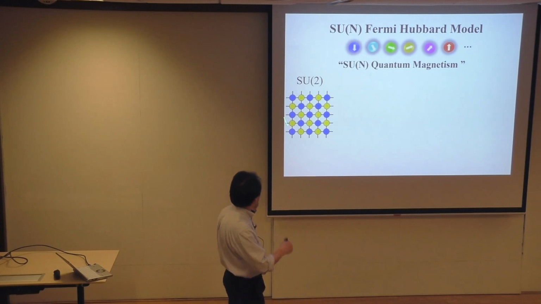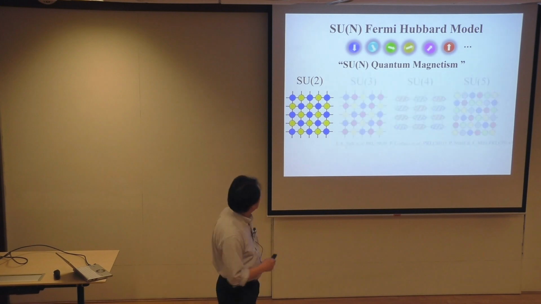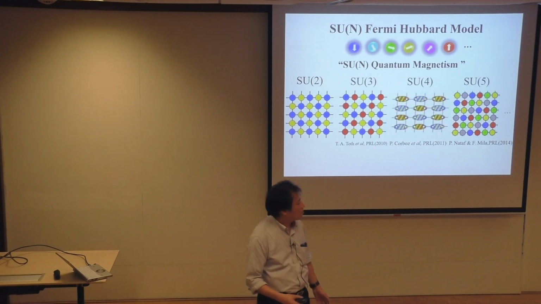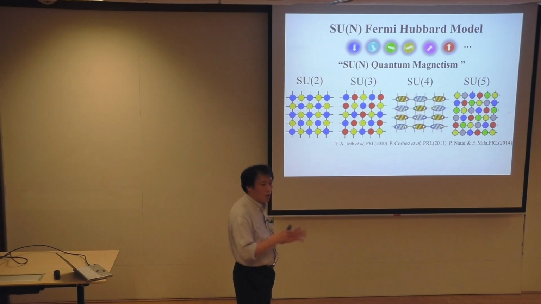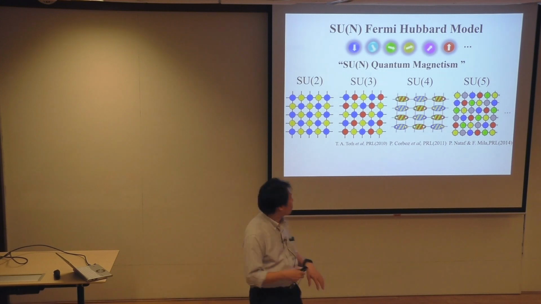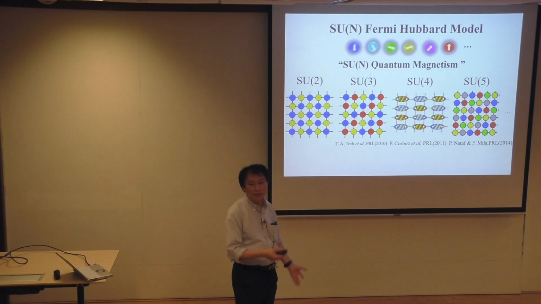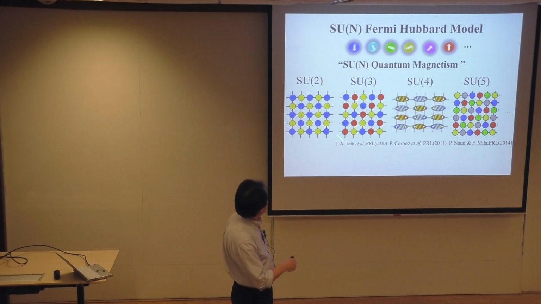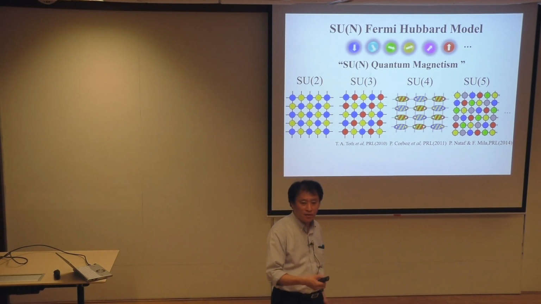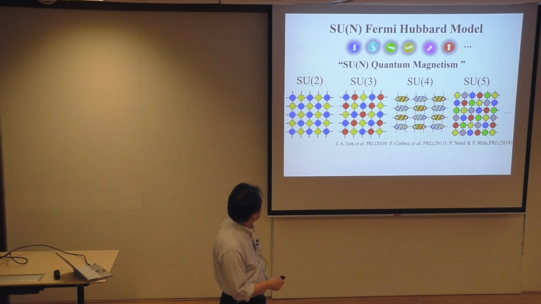So this is rather well established. But in the case of SU(N), in a square lattice with 1/N filling, namely one atom in one optical lattice site, novel quantum magnetic phases are predicted to occur.